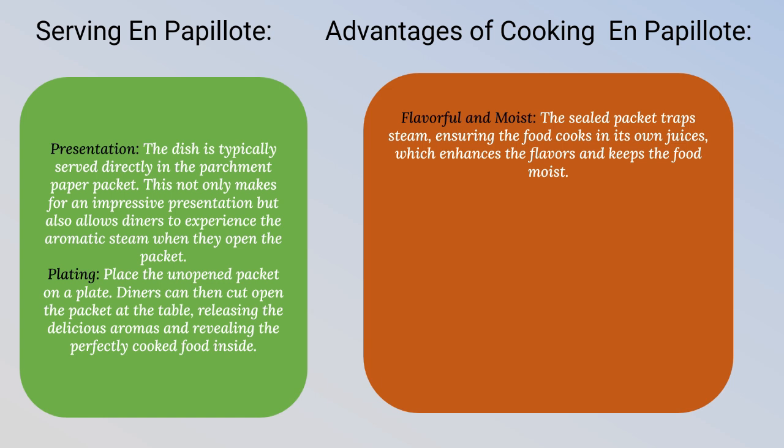When a simple fillet of fish is mixed with vegetables and herbs and wine or some oil and sealed in a packet like parchment paper or foil or banana leaves and then baked in the oven, the food is getting cooked in moist heat generated inside because steam is generated from the water molecules present, and that is becoming very soft and juicy. The meat, the product, is not becoming dry at all.